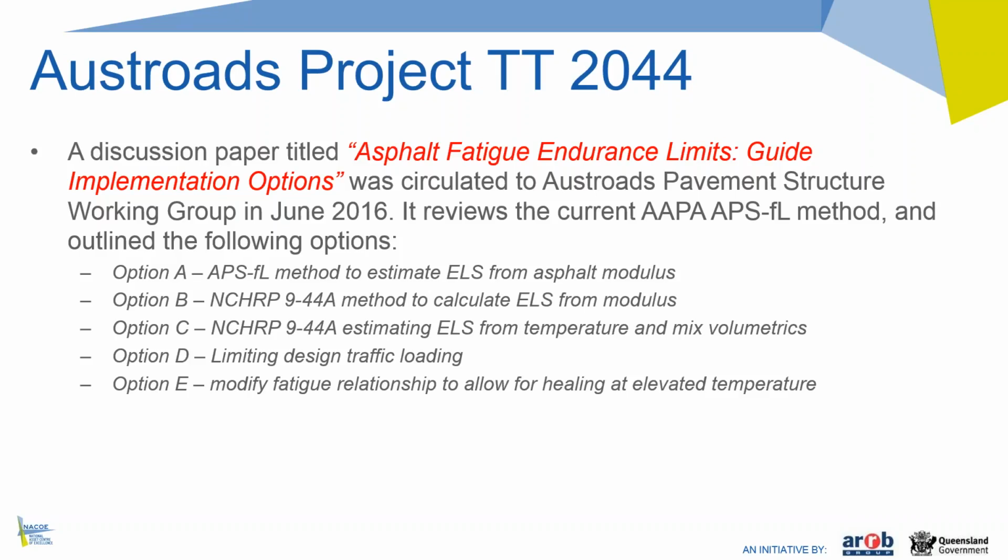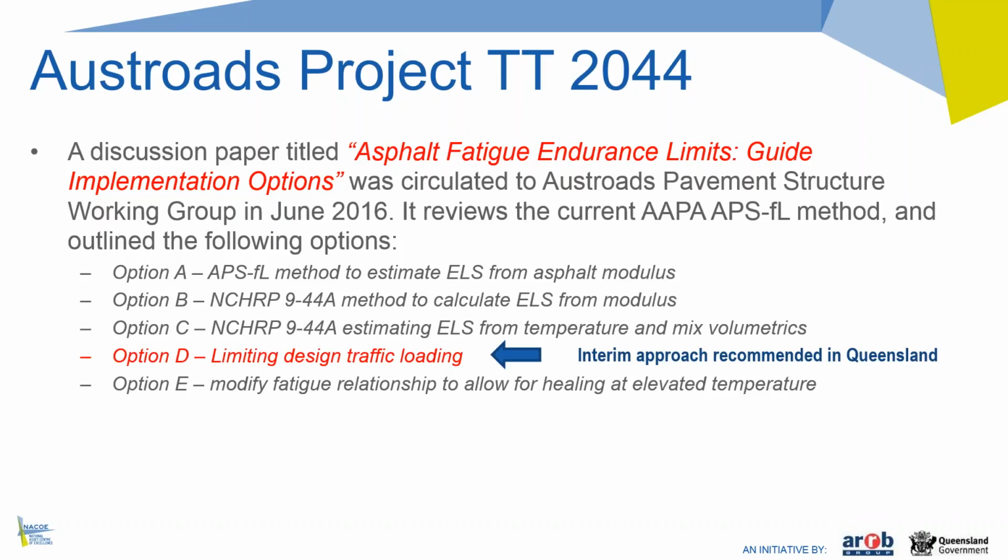The first options A, B, and C make specific reference to the fatigue endurance limit. Option D is basically putting a limit on the design traffic loading. Option E suggests making a modification to the fatigue relationship to allow for the healing effect of asphalt at elevated temperature.